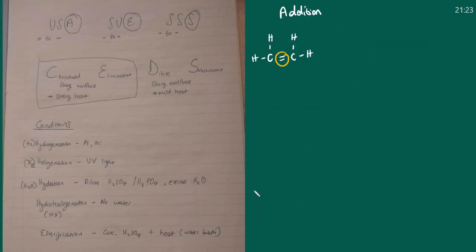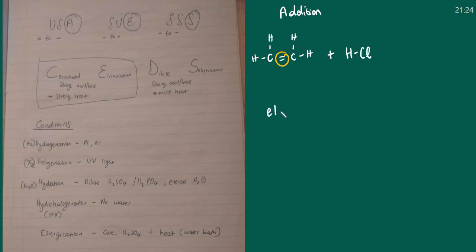So this is still an addition, but I want you to check. We still have a double bond, but now I'm going to add something. I'm going to add hydrogen with chlorine, hydrogen chloride. Do you remember that hydrogen chloride is actually an acid? So what am I combining?